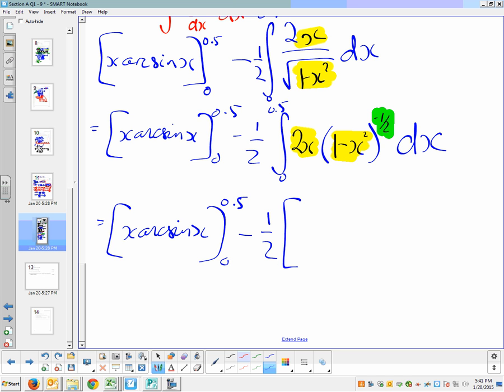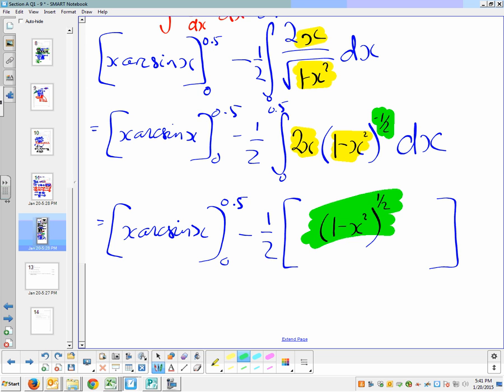Well, it's going to integrate to 1 minus x squared, and then the power is going to go up by 1. The 2x's will cancel.